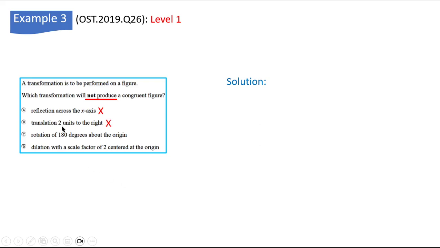Translation will always produce a congruent figure. Rotation will produce a congruent figure. Only dilation will not produce a congruent figure. Dilation always makes the figure smaller or bigger.